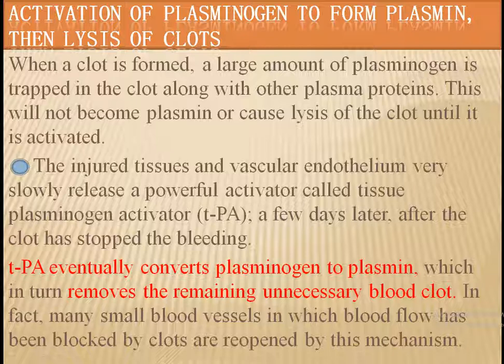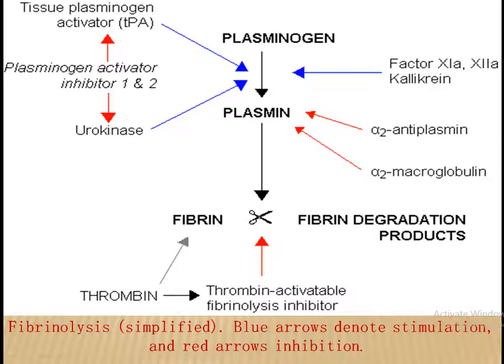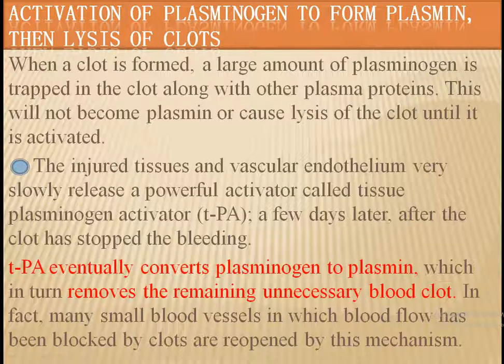A very important thing which should be noted here is that many small blood vessels in which blood flow has been blocked by clots are reopened by this mechanism, and this is a very advantageous step of the conversion of plasminogen to plasmin after some days because of the activation of the TPA.